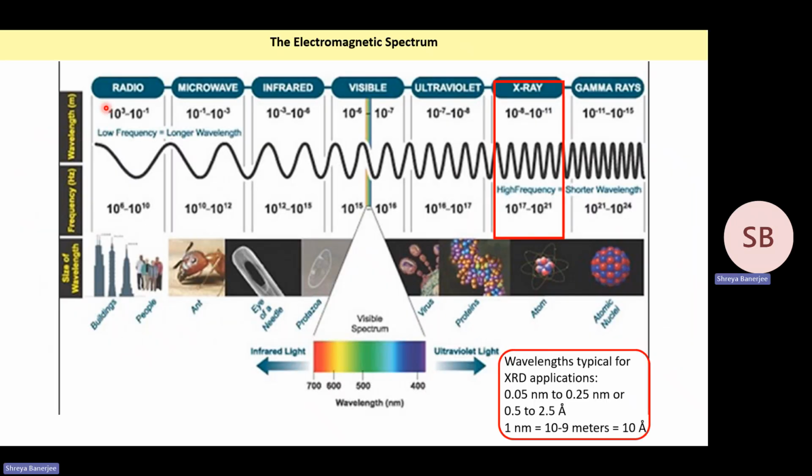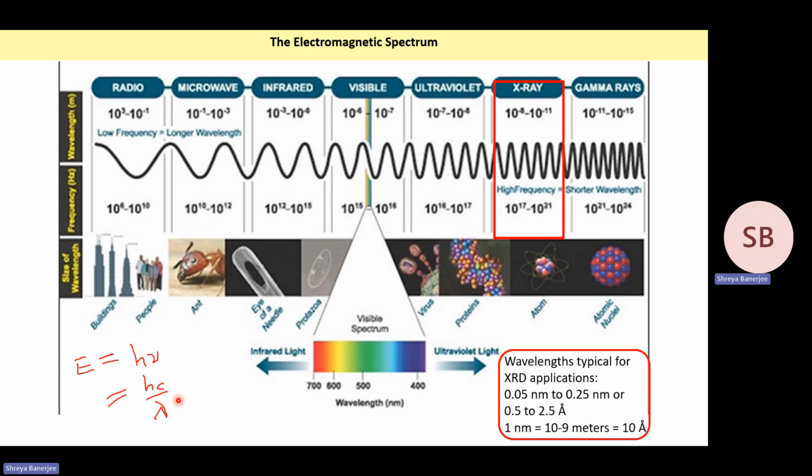Now we'll quickly look into the electromagnetic spectra. As you know, radio waves have the longest wavelength, of 10 to the power 3 to 10 to the power minus 1 meter. And energy is h nu, where nu is the frequency, or it can be written as h c by lambda, where c is the speed of light.